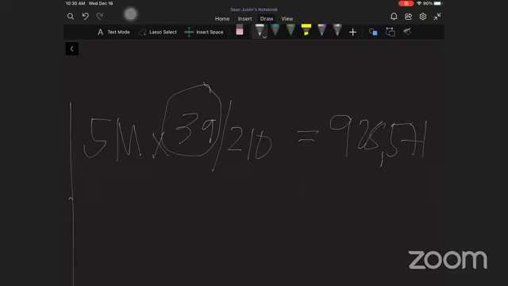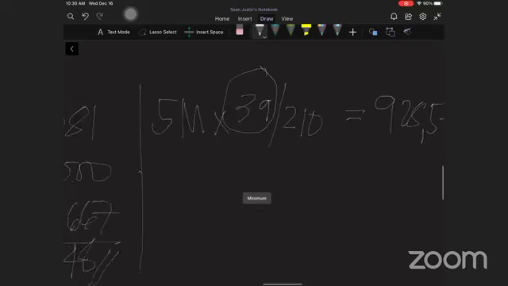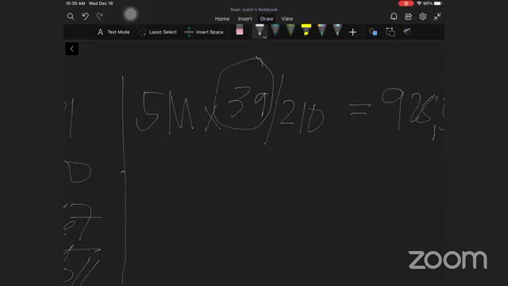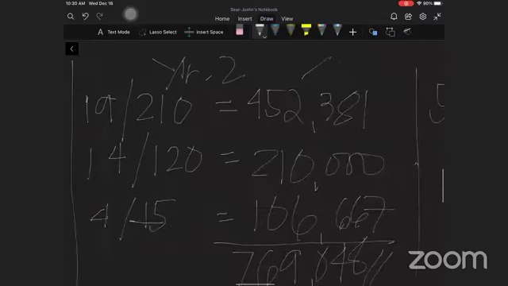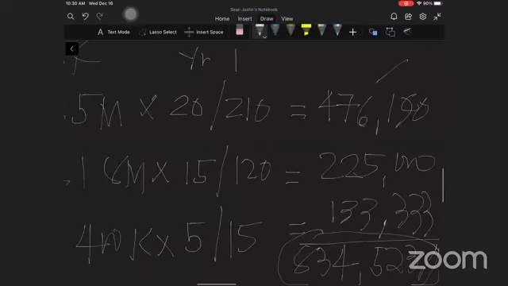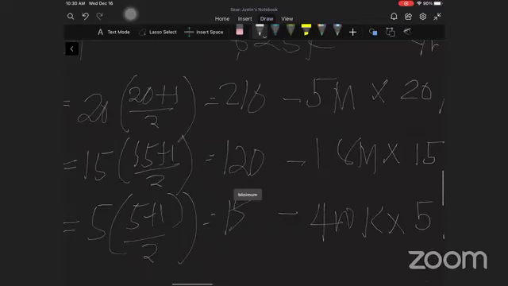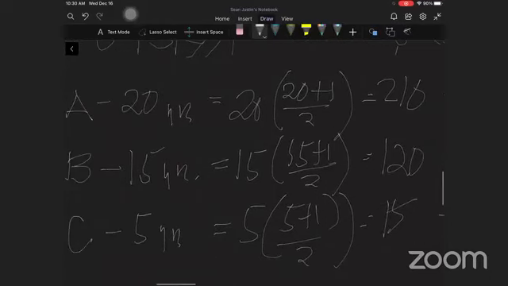Okay, sige, mangutana ako ha. Okay, how much is the accumulated depreciation of machine B? Okay, how much is the accumulated depreciation of machine B on year 3? Again, how much is the accumulated depreciation of machine B on year 3?